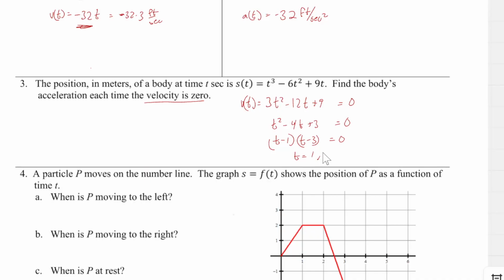So t equals 1 and 3. And they're actually asking for the acceleration. So you take the derivative again, 6t minus 12, and then they want you to plug each of these numbers in. The acceleration.